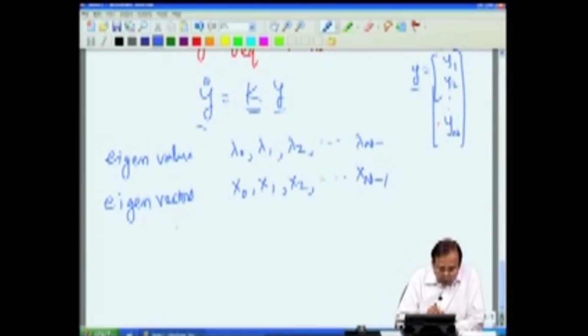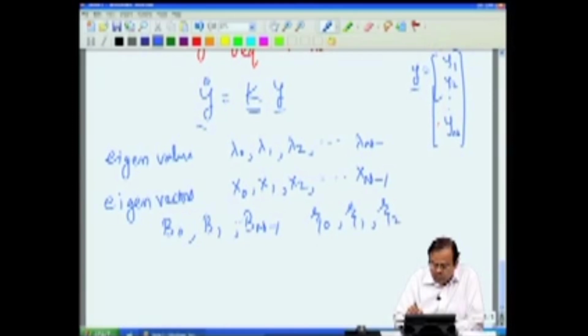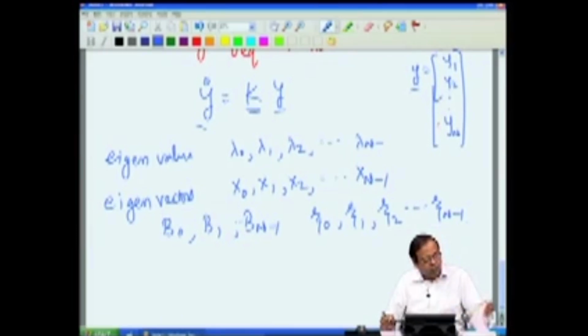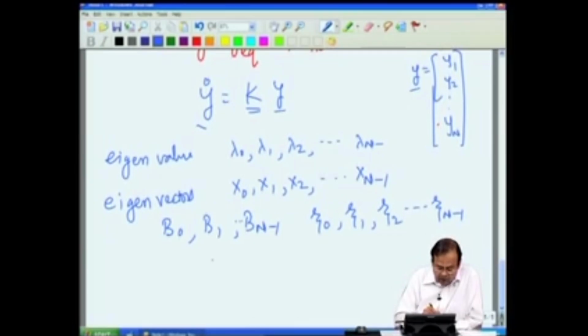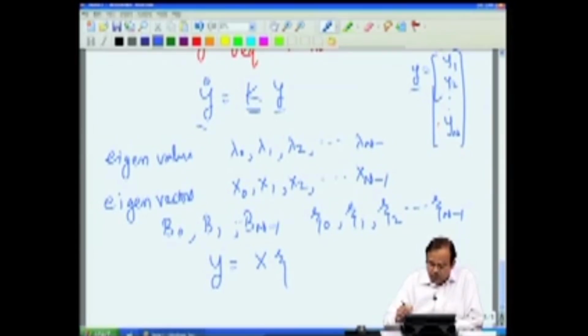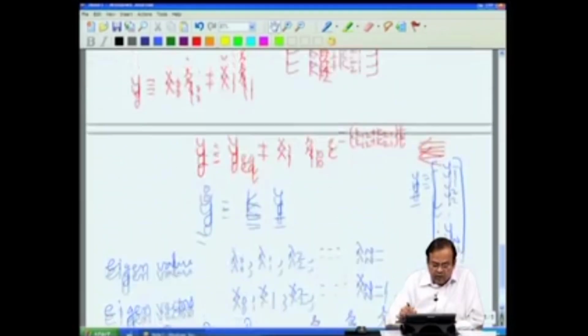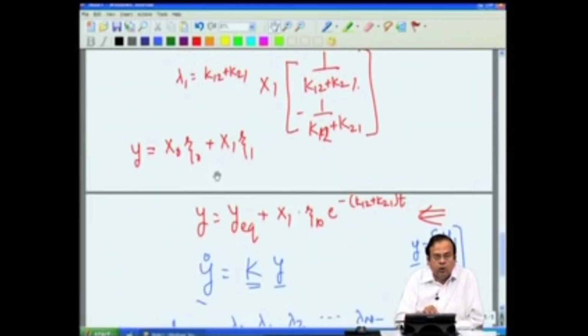So, we have hypothetical species B naught, B 1, B n minus 1, whose concentrations are zeta 0, zeta 1, zeta 2, zeta n minus 1. Now, if we know this, we can write y as x into zeta, that is the generalized form of this particular relationship.